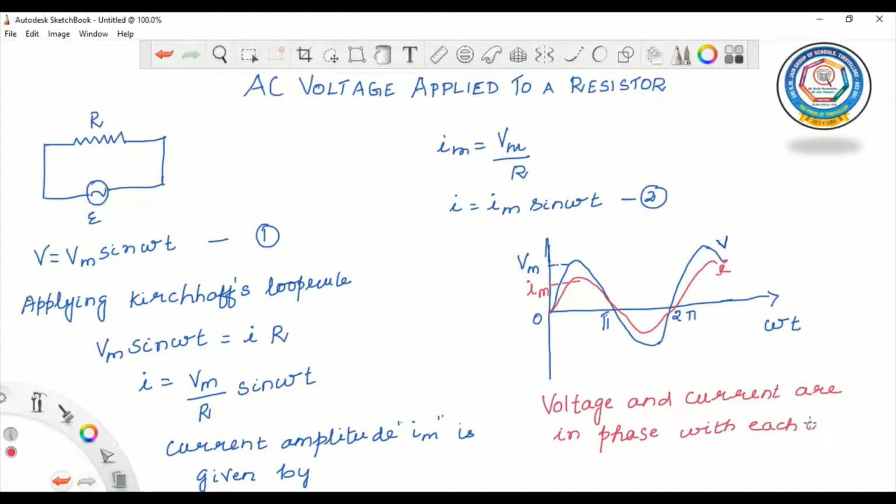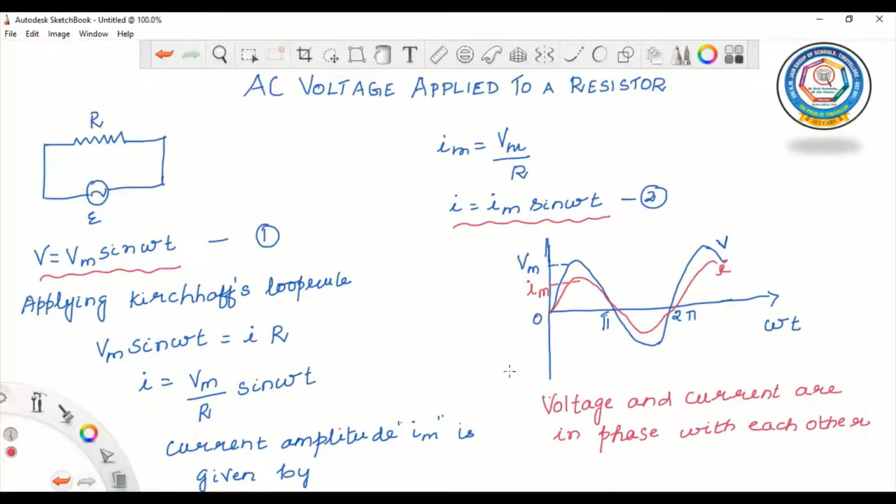So this is very, very important. Because we know that V is equal to Vm sin omega t, and similarly I is equal to Im sin omega t. So when we connect the resistor across this AC voltage, you will get V is equal to Vm sin omega t and I is equal to Im sin omega t. And what is the conclusion? I told you voltage and current are in phase with each other.